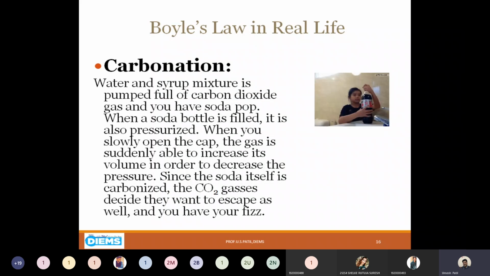When we open the cap of the bottle, it suddenly increases the volume, and some amount of Pepsi or Coca-Cola will come out of the bottle, and CO2 gas will try to escape, and thereby there is a decrease in pressure of the fluid inside the bottle. So this is a real life example of Boyle's law.